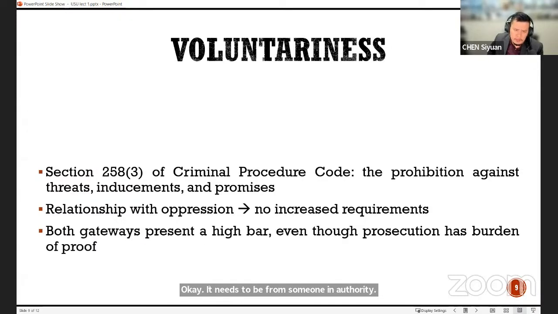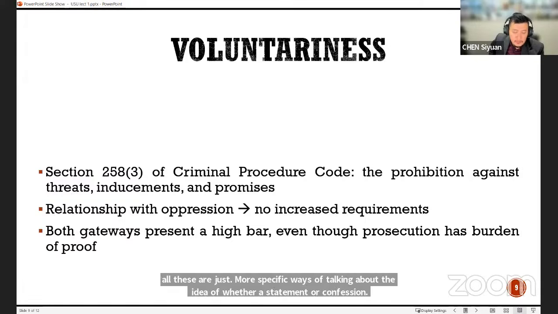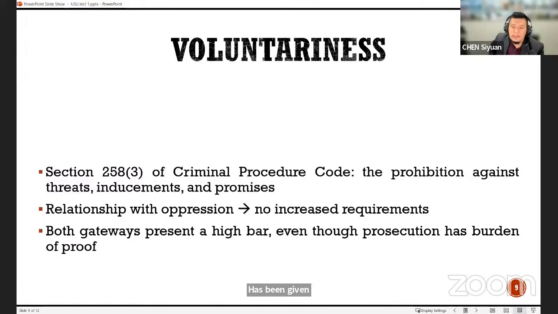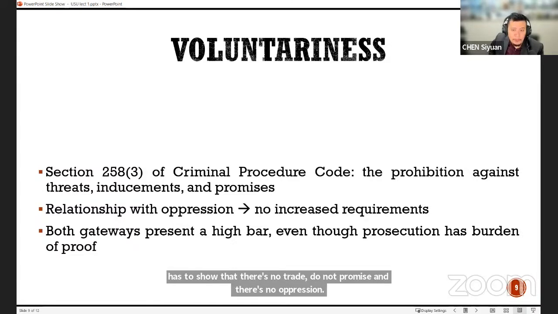Now, in terms of the case law, even though the prosecution has to show that there's no threat, inducement, or promise, and there's no oppression, very, very few cases have ever succeeded in showing that there has been such a thing. So, unsurprisingly, I'm going to say that this is further evidence of a crime control model.